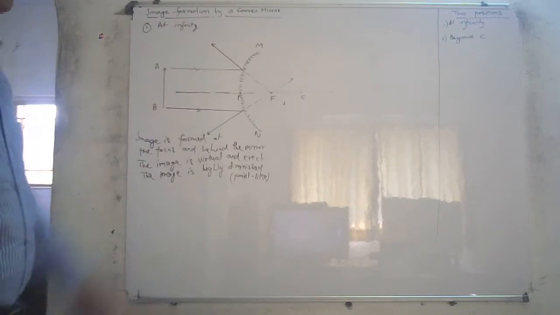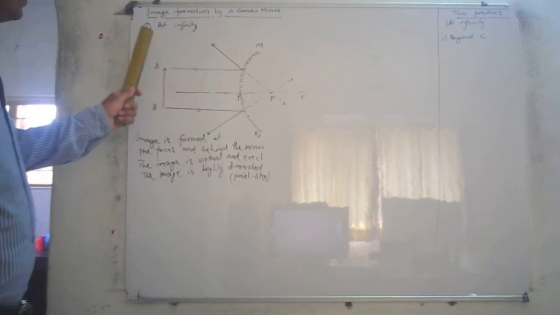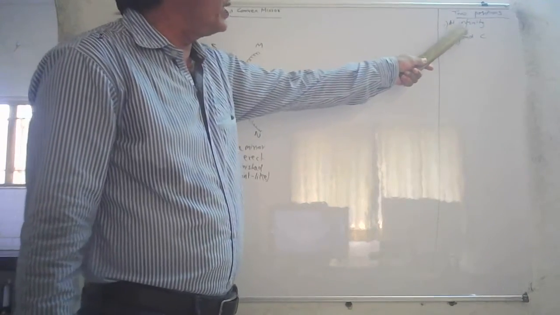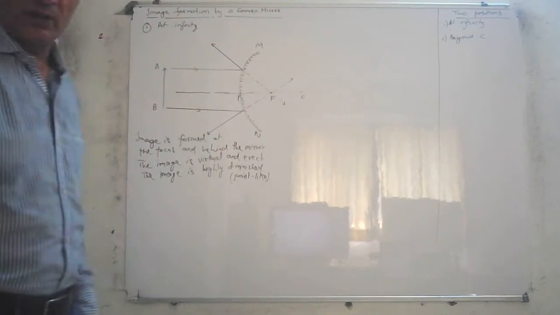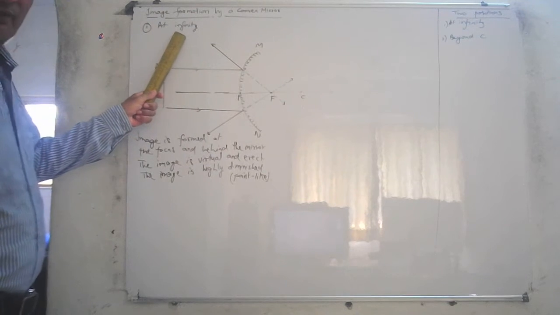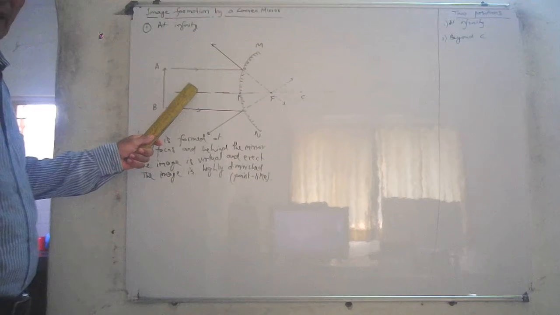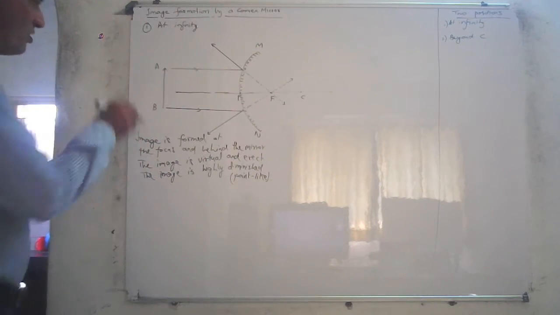Image formation by a convex mirror. In this case we'll be studying two positions: the first one is at infinity and the second is beyond the center of curvature. When the object is placed at infinity, you will see here very carefully the object AB.